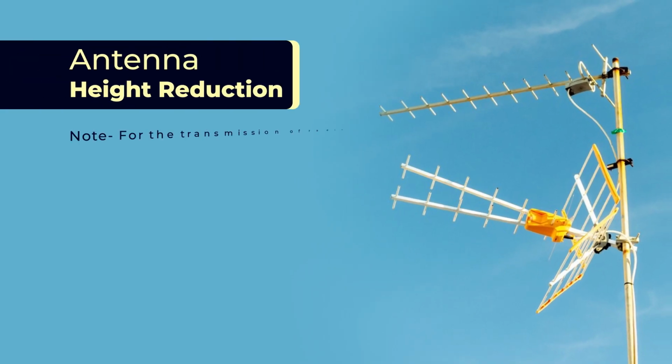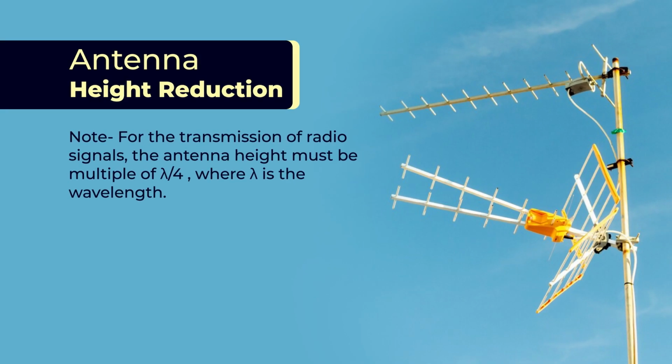The first benefit of modulation techniques is the antenna height reduction. To understand this concept, one should know the basic fundamentals of antenna. Antennas are a crucial component in wireless communication that is responsible for transmitting and receiving the electromagnetic waves.